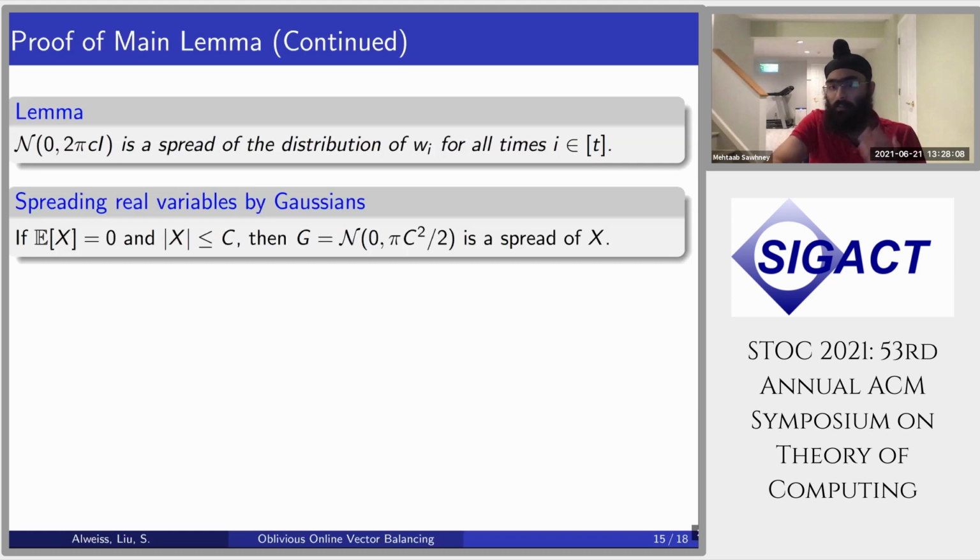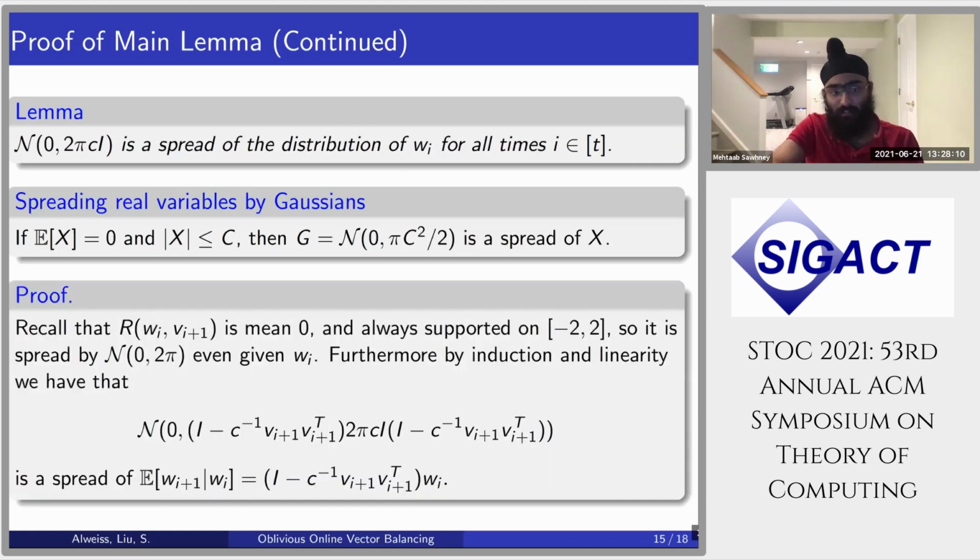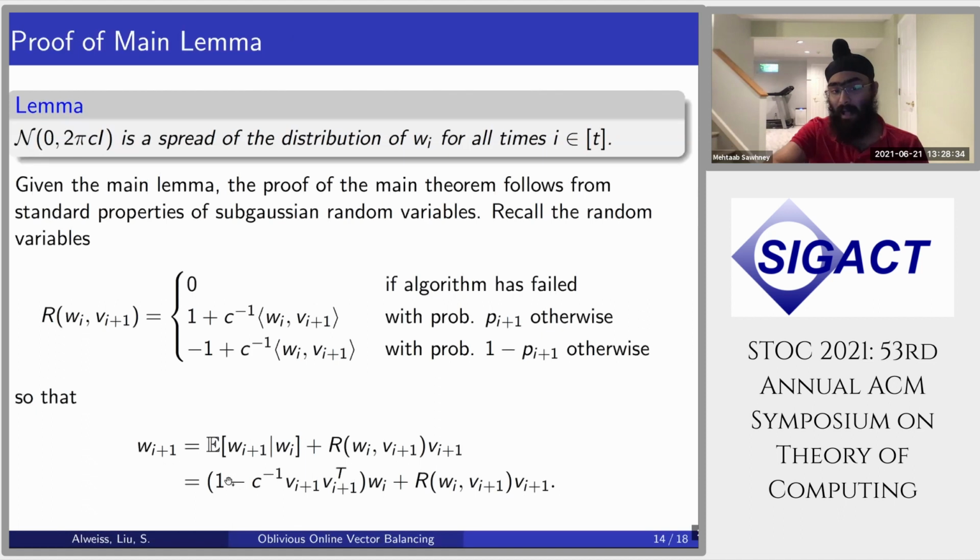So now the proof is basically just a two-line induction. Recall that r is mean 0 and always supported on minus 2, 2. And so because of the fact that you can spread bounded real random variables, you can say that r of Wi, vi+1 is spread by N(0, 2 pi), even given Wi. Furthermore, by induction, you have that Wi is spread by N(0, 2 pi c I).